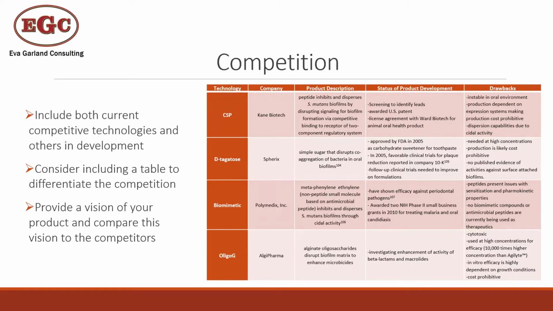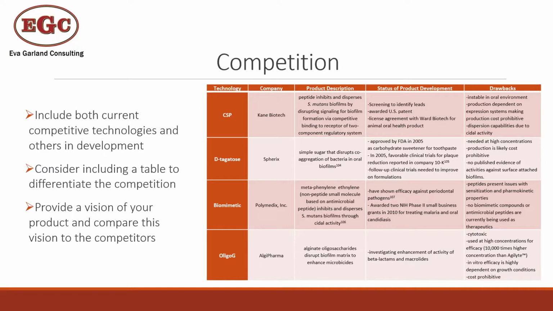the ones that are either showing different approaches or the ones that are the leaders in the market. The best way to portray your competition is often just including a table, giving a summary of what's out there approach-wise or technology-wise, a description of what the technology is, where it is in development, whether it's on the market or in clinical trials, a description of the product, and also any drawbacks, so that you can highlight how your technology is going to be able to address these drawbacks and limitations.